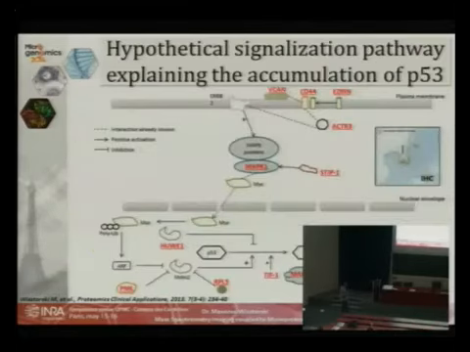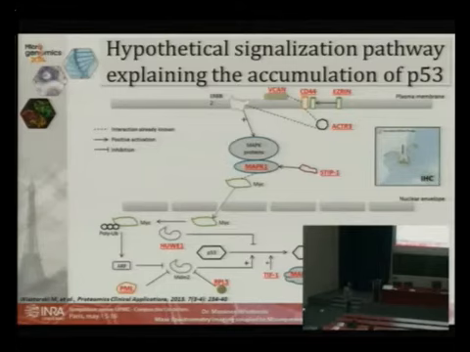We also propose a hypothetical signalization pathway explaining why, in this type of tumor, there is an accumulation of the protein p53. You can reconstruct it using the list of proteins we identified.